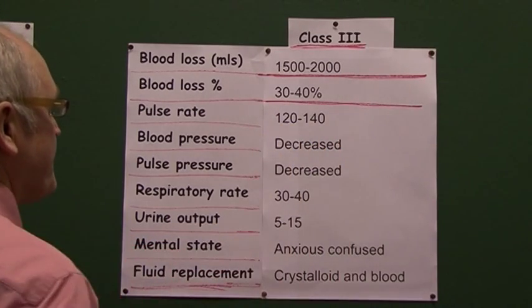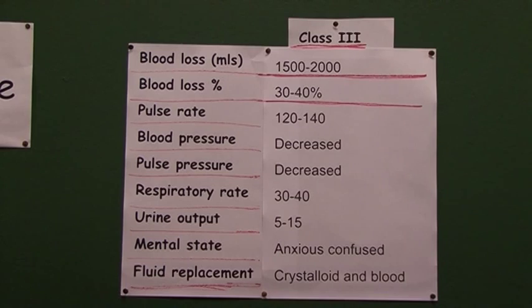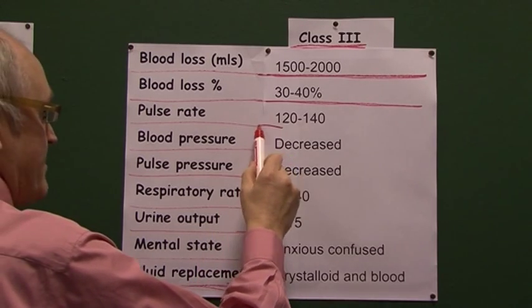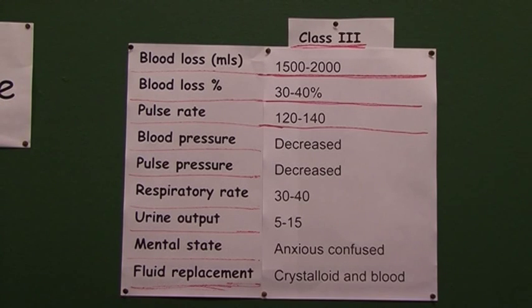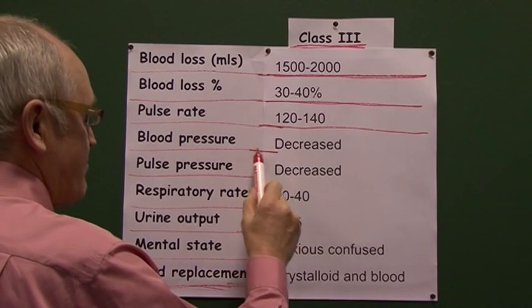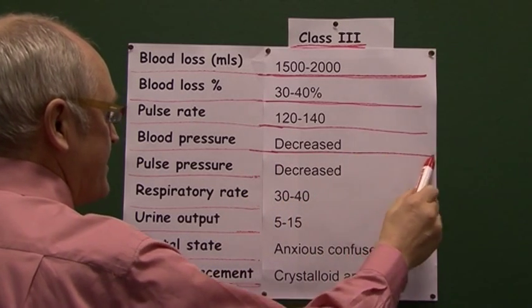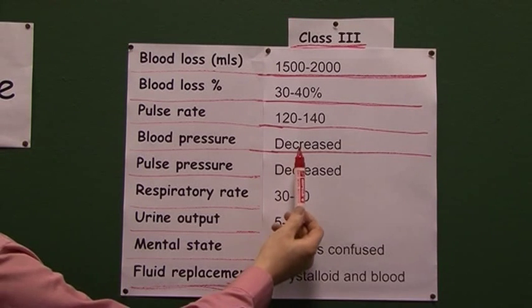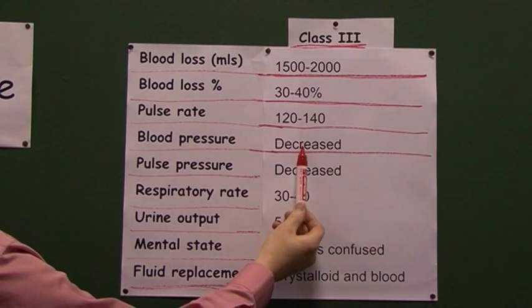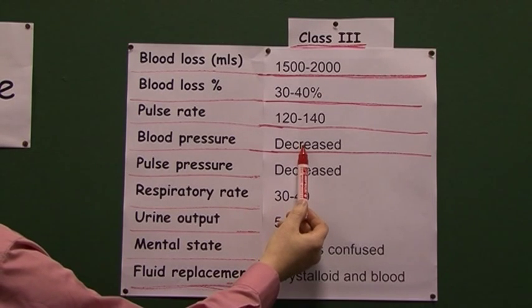The heart's trying hard to compensate with a tachycardic response, which you might expect to be 120 to 140. And now, for the first time, the systolic blood pressure is reduced. There is so little blood left in the circulation that the patient cannot maintain their systolic blood pressure, and they are now becoming hypotensive.